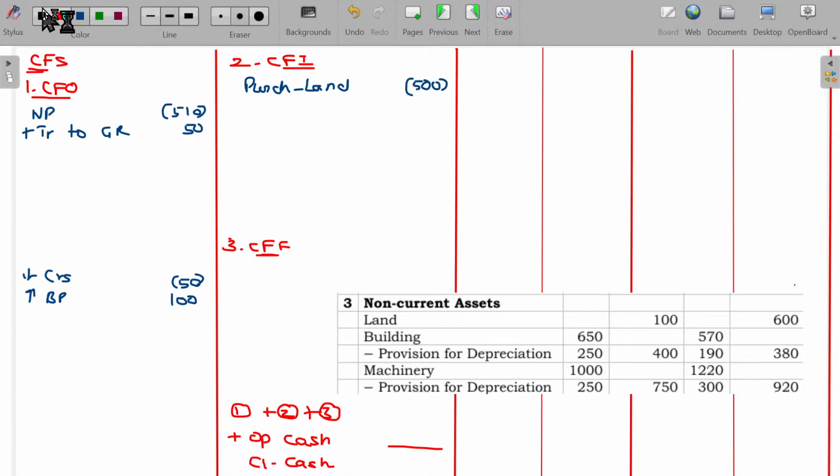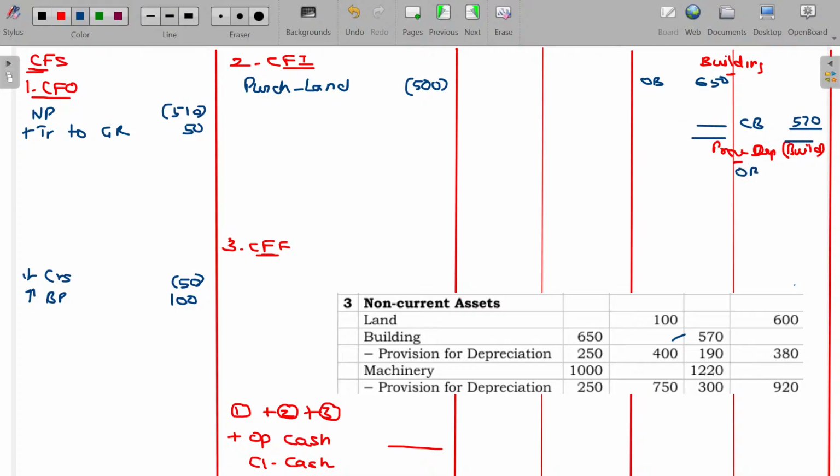And then we have building machinery. So building and its accumulated depreciation, provision for depreciation for the building. Okay. Opening value being 650, closing balance being 570.